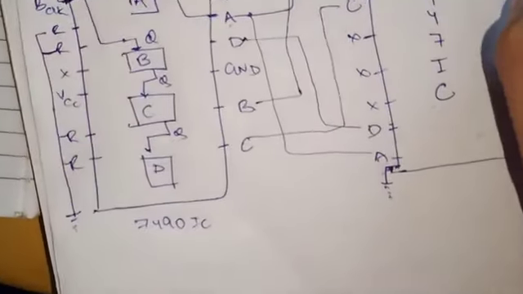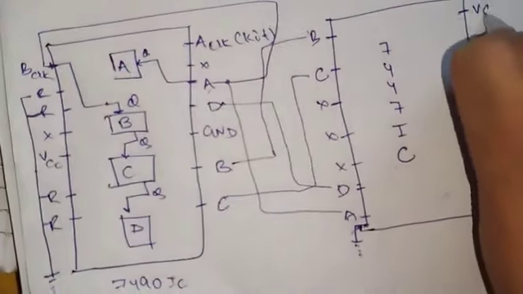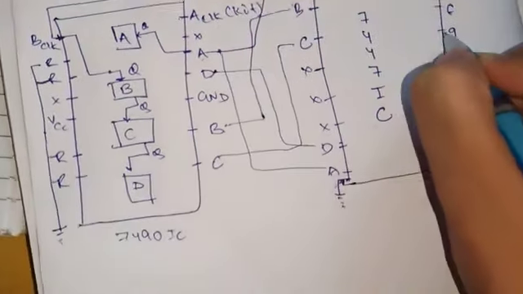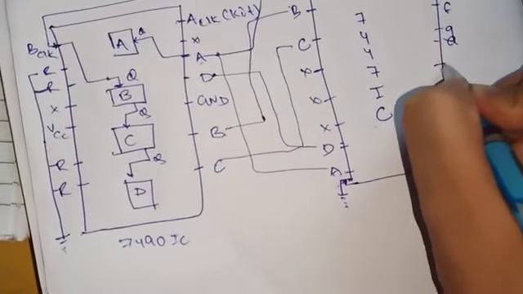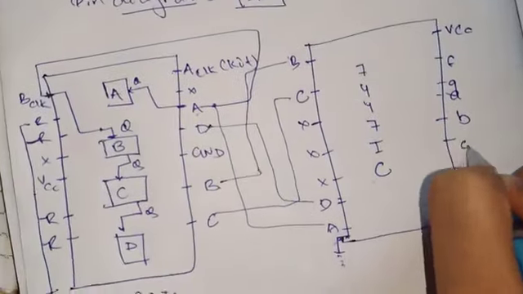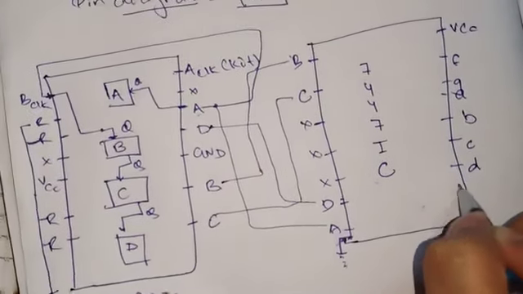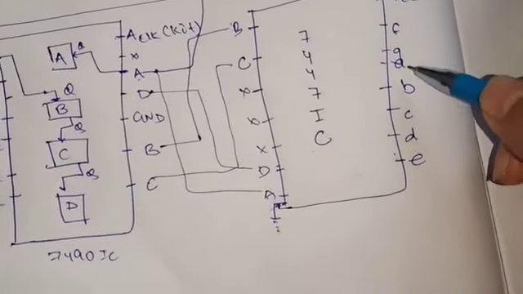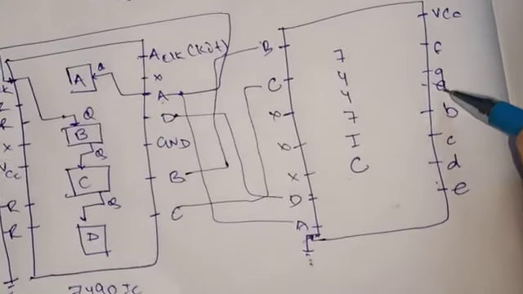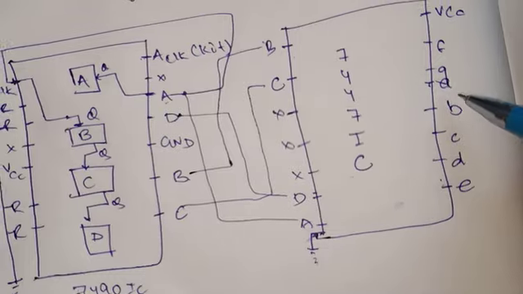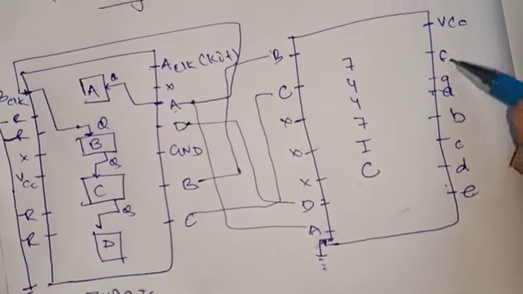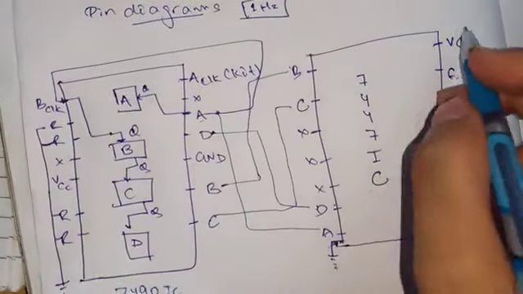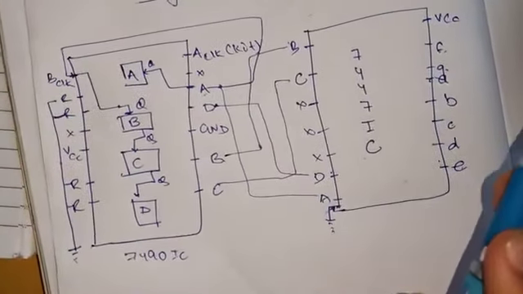Then here VCC, F, G, A, B, C, D, E. Just remember it like this: from the third pin you need to start A B C D E F G. This is the complete diagram of the 7447 IC.